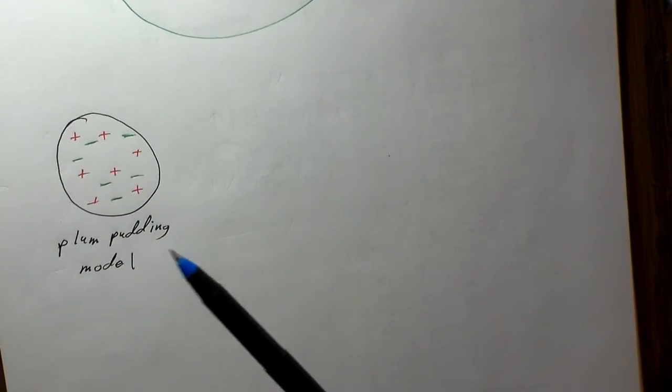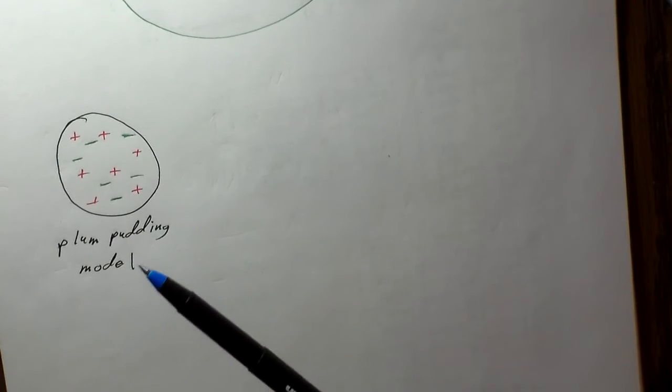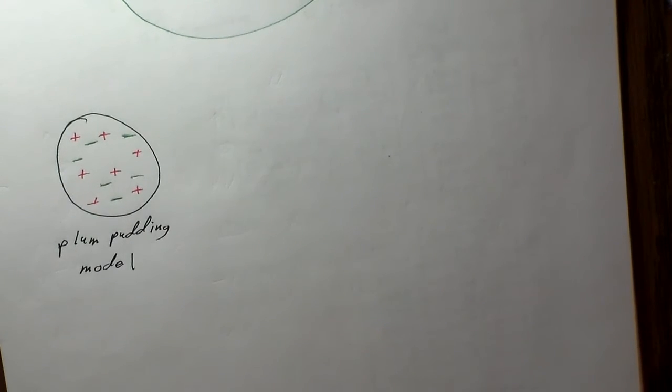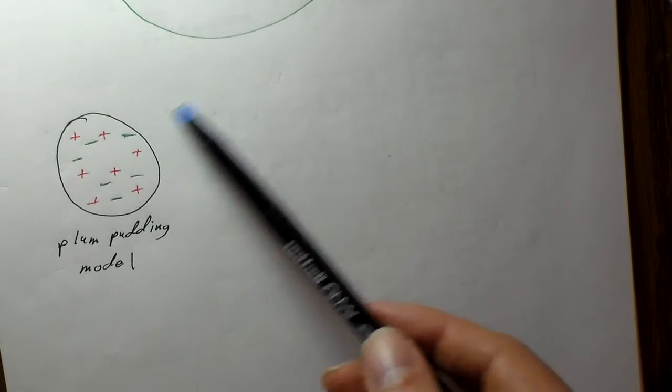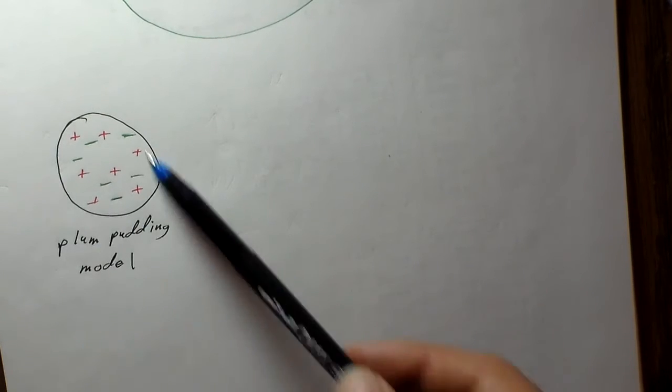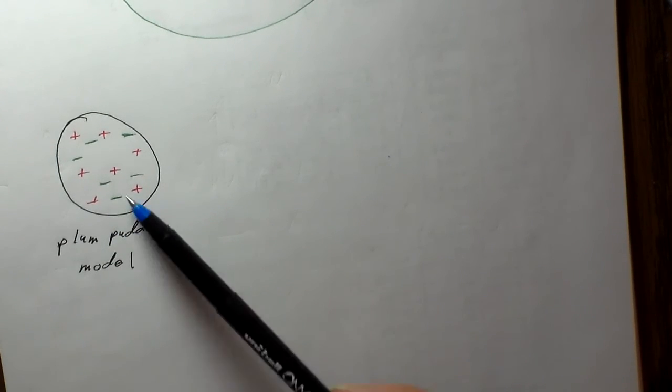Or like we would say over here, the raisins distributed in the bread. So you have all these little negative charges, and of course if you want to ionize an atom, remove one of the electrons, you just kick out one of these electrons and you get, leaving behind, the slightly positively charged atom, or ion. So that was the plum pudding model.